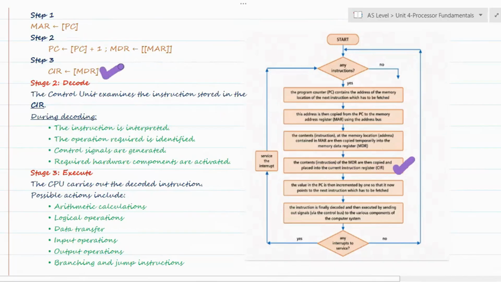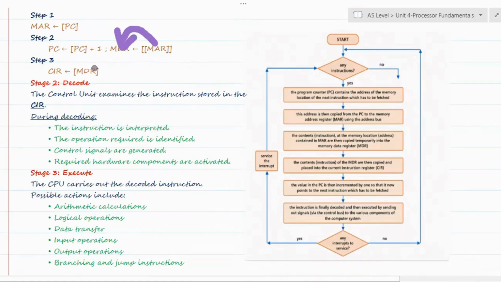This one. So, PC, whatever it has, the program counter, those contents go into MAR. Now, whatever MAR contains, that is the memory address. So whatever contents are available at that memory address, they go into MDR.